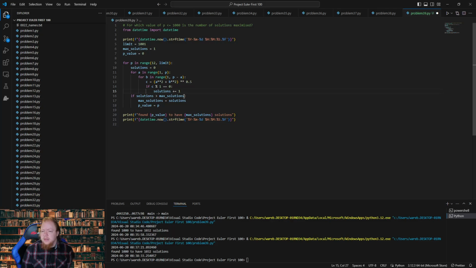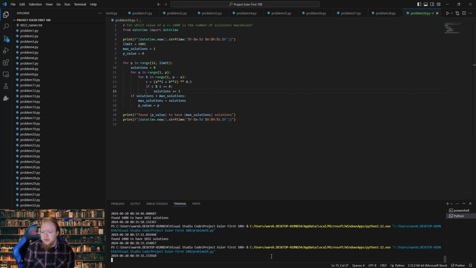And I think that won't actually help us in terms of efficiency, but it might help us in terms of accuracy. Let's see if we get a different result.